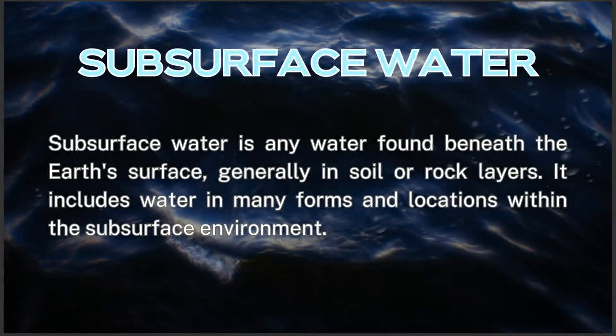Okay, so pag sinabi natin groundwater, another term that we use to describe groundwater is subsurface water. So basically, it's any water found beneath the Earth's surface, generally in soil or rock layers. So alam natin, yung mga soil natin, meron diyang mga voids. So yung mga ulan na nanggaling sa clouds, of course, will infiltrate doon sa ating soil.